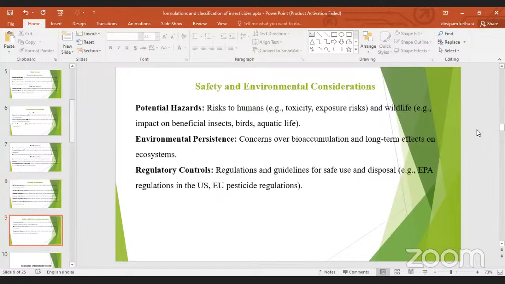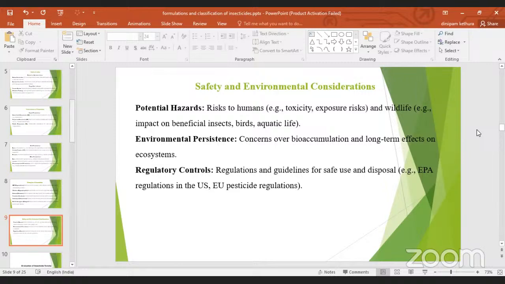Coming to the safety and environmental considerations, some of the insecticides which we are using cause risk to the humans and even to the wildlife. Coming to the environmental persistence, we are concerned about bioaccumulation and long-term effects on the ecosystem.